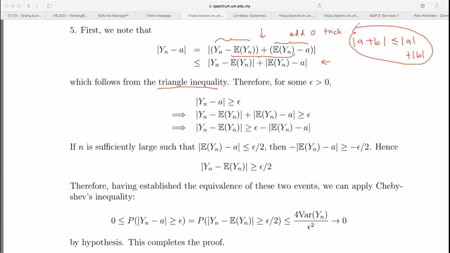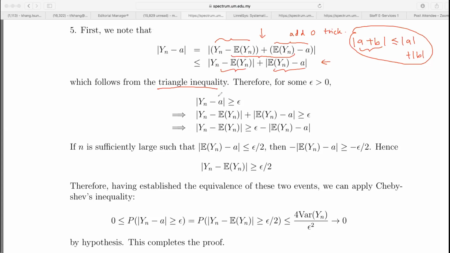Sometimes when you work with these kinds of problems, it's useful. It's a simple inequality, especially when you want to deal with absolutes of sums. Then you should immediately recall that this inequality may be useful. So then I know that now I can write it as two parts.